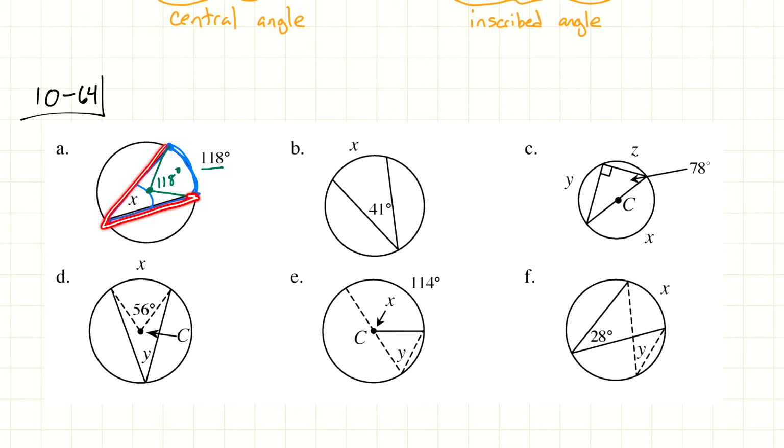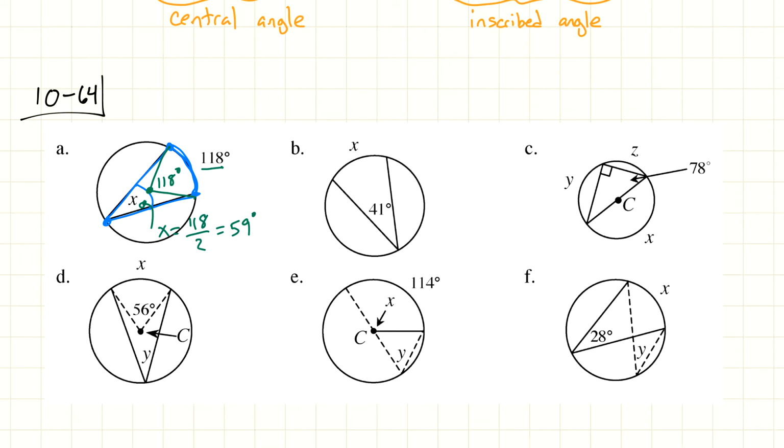The inscribed was always half of the central angle or the arc. So in this case, x is going to be 118 divided by 2, which is 59 degrees.